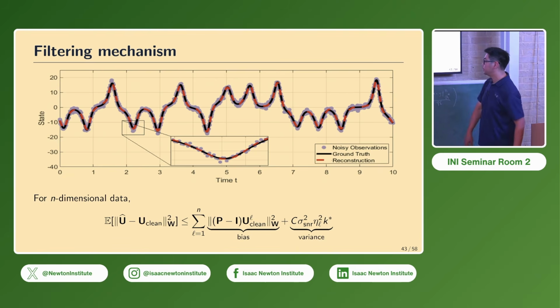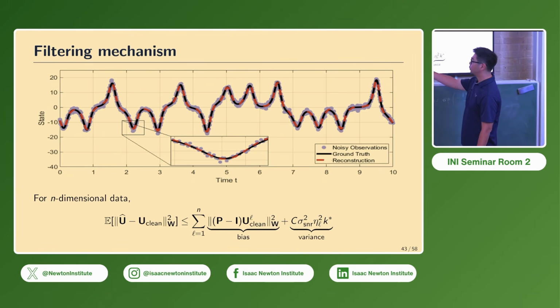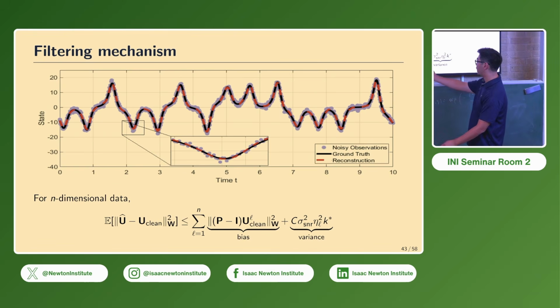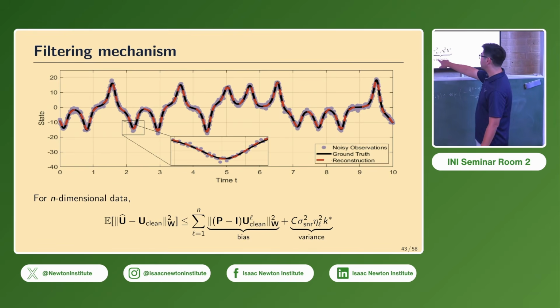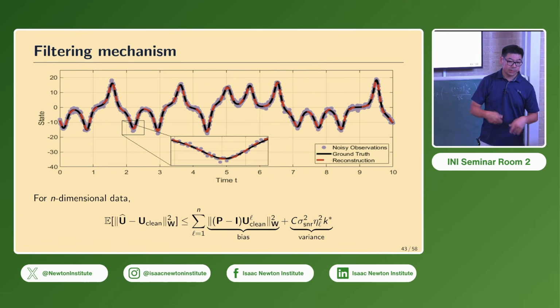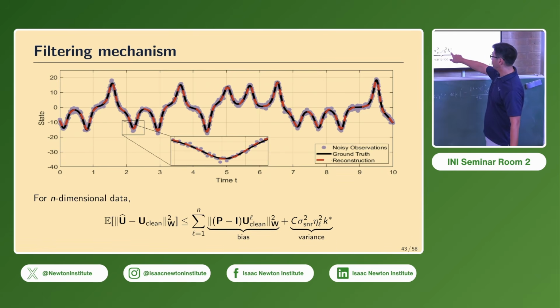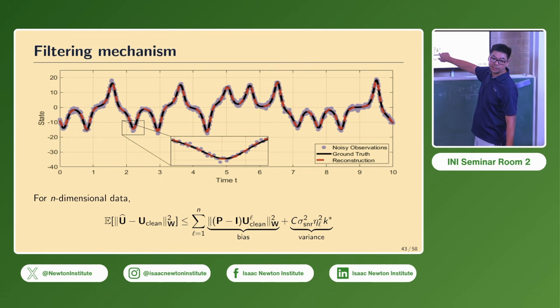Once we have this, understand that this is just a filtering algorithm. Of course, you can go back to the literature and see how they do analysis on the error. There's a bias-variance decomposition. For that particular band limited function, we do the analysis. The variance is increasing as a function of k star, the number of bases you use.